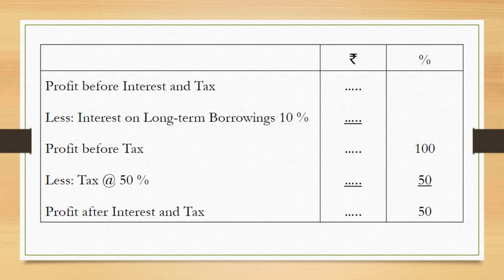Over here we need to assume profit before tax as 100, and then whatever tax rate is there, as like over here I have taken at 50%, so that 50% tax will be deducted, so profit after interest and tax is 50%. And with the help of this table we will be able to calculate the profit before interest and tax. We will learn this while doing the sums.